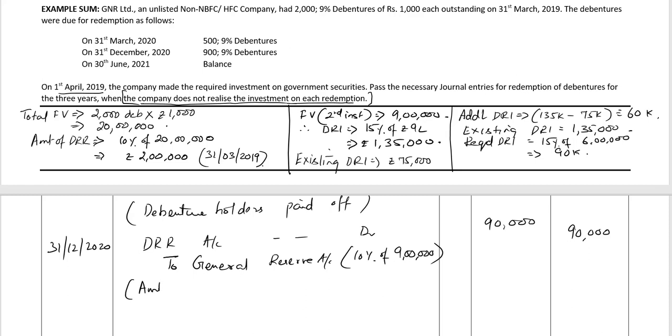Amount of DRR proportionate to debentures redeemed transferred to general reserve.